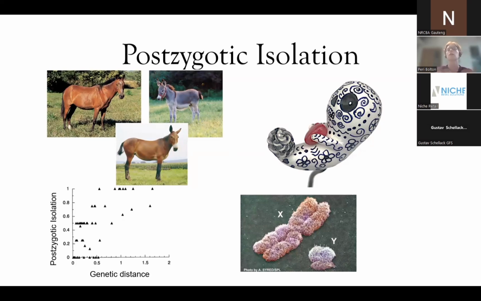This basically means that when you see hybridizing species, often females are more affected in birds, or males are more affected in mammals, by these post-zygotic isolation effects. And that's exactly what we saw with the Gouldian finch. We saw that females, the heterogametic sex, the one with different chromosomes, were more affected by this incompatibility than the males.